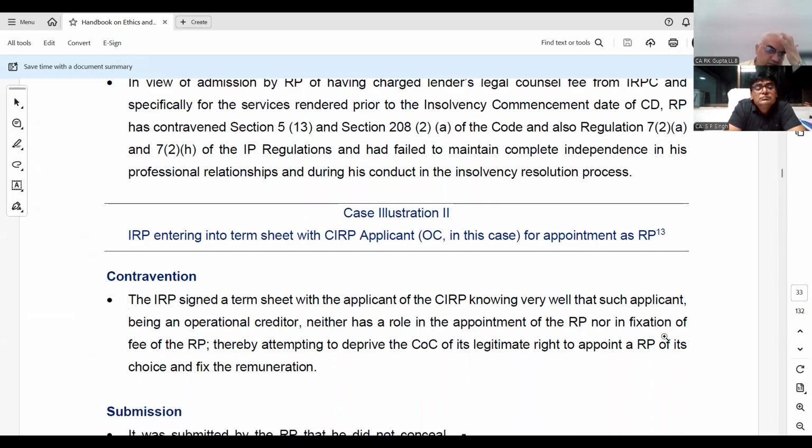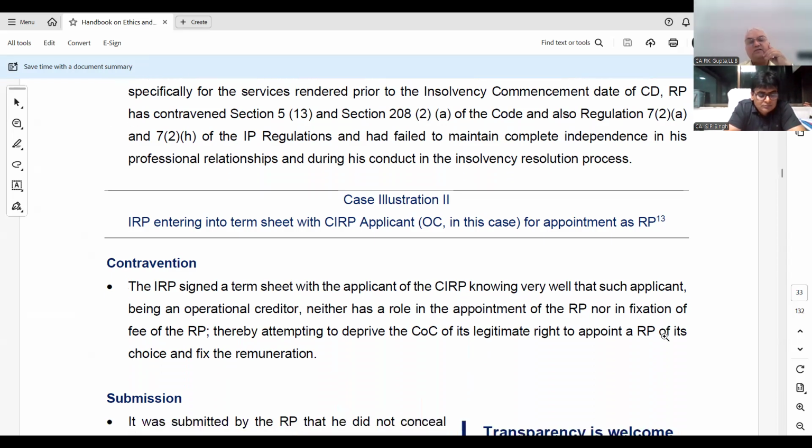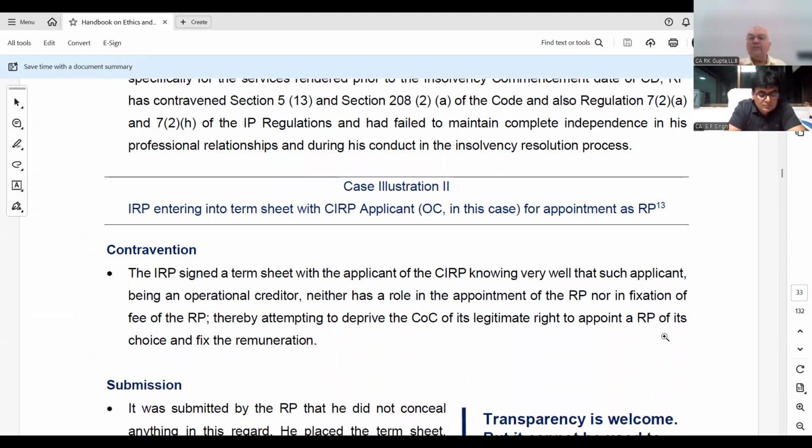So the IRP signed a term sheet with the appointment of the CIRP, knowing very well that such an applicant, being an operational creditor, neither has a role in the appointment of the RP nor in fixation of the fees of the RP, thereby attempting to deprive the COC of its legitimate right to appoint an RP of its own choice and fix the remuneration. Look, an OC cannot appoint an IRP. Who will appoint the IRP? Basically the COC will appoint. So the IRP here signed a term sheet with the applicant of the CIRP. Okay.